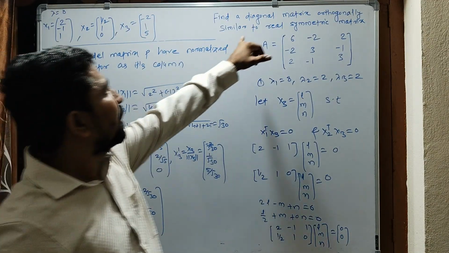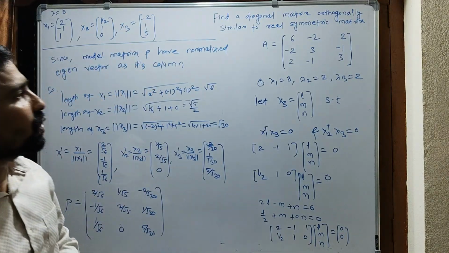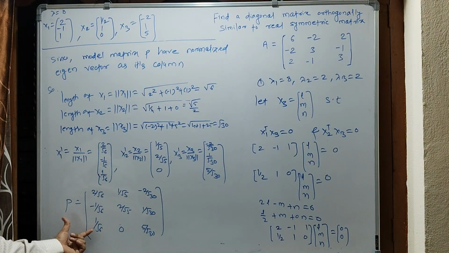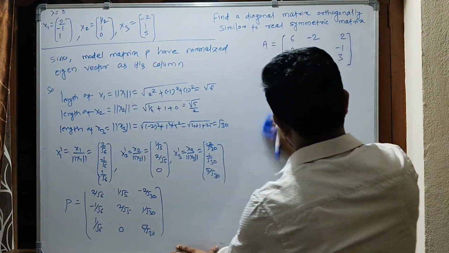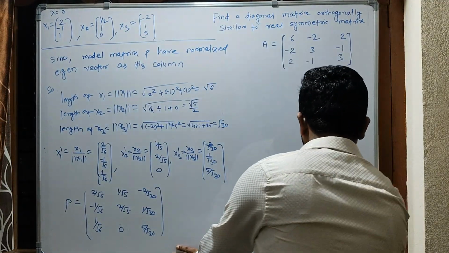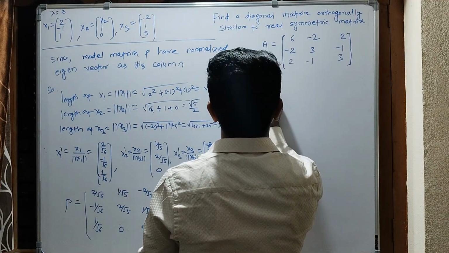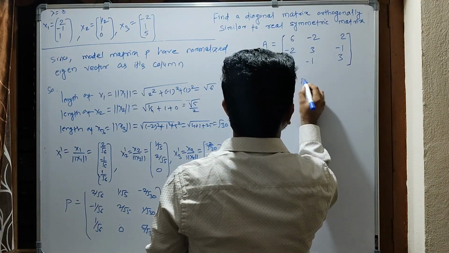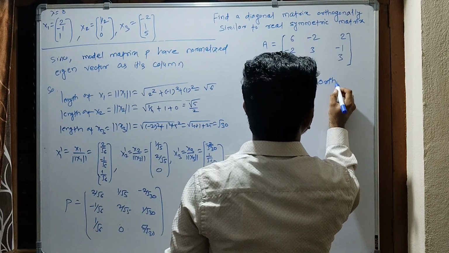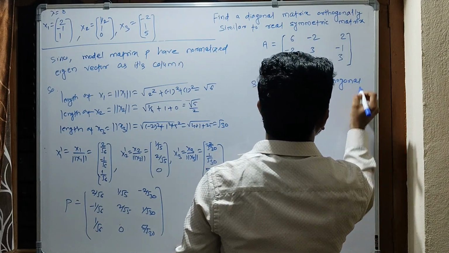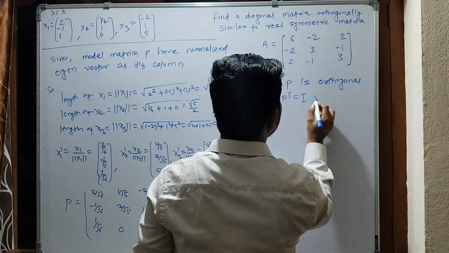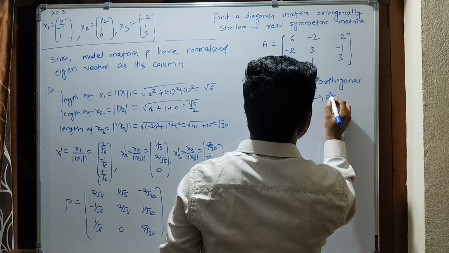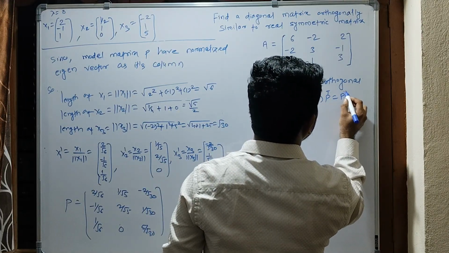Now, since the diagonal matrix is orthogonally similar and P is the orthogonal matrix, you can check that P into P transpose is equal to I. Write one sentence: since P is orthogonal, therefore P into P transpose is equal to I. This implies P transpose is the same as P inverse.